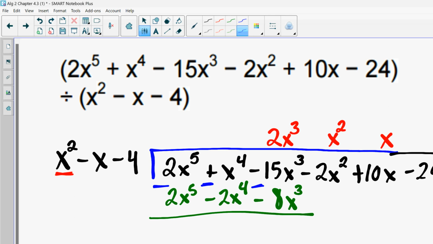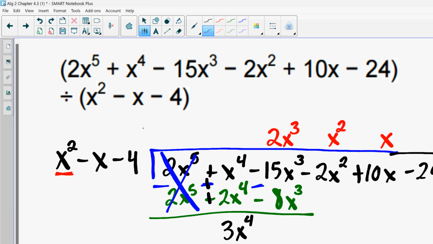And just like before, we're going to subtract. Our 2x to the 5th minus 2x to the 5th is indeed 0. x to the 4th minus negative 2x to the 4th. Negative and negative make a plus, giving us 3x to the 4th.